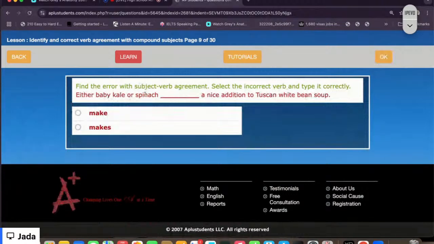Either baby kale or spinach dash a nice addition to Tuscan white bean soup. Make or makes? What do you think?